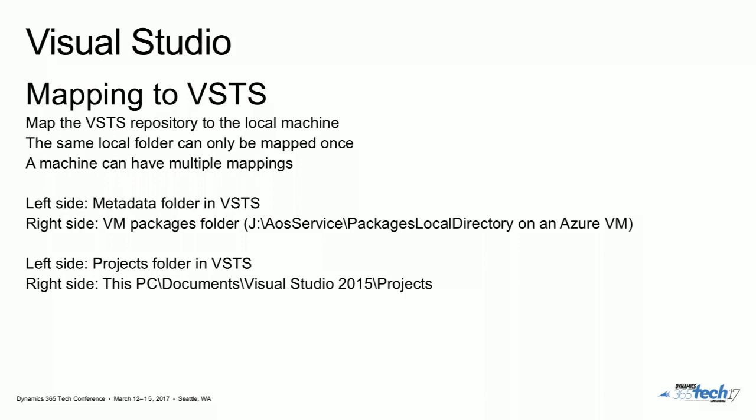It's C, AOS service, packages local directory. And then you can also do projects. There's a projects folder under main and under dev normally, and they map to the default Visual Studio projects folder on a machine, which is under Documents.